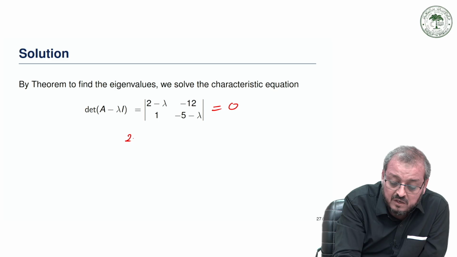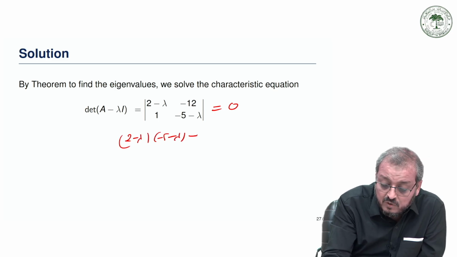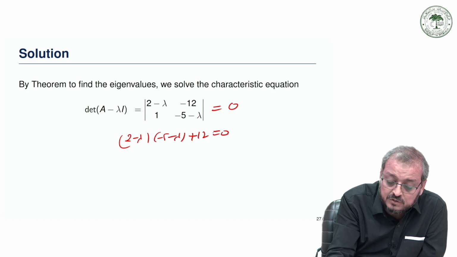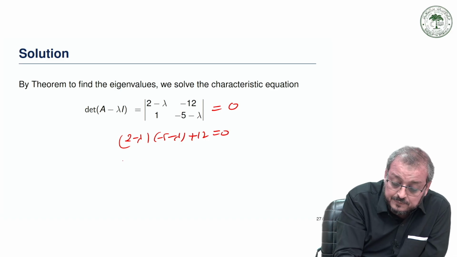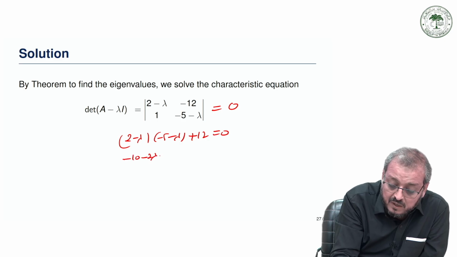So we can say that (2 minus lambda) times (minus 5 minus lambda) plus 12 is equal to 0. Then multiplying out, we have minus 10 minus 2 lambda plus 5 lambda plus lambda square plus 12 is equal to 0.